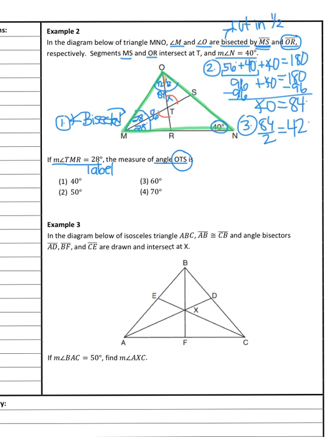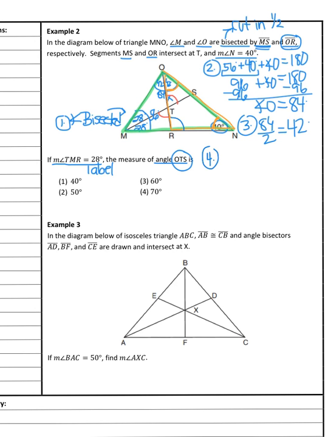If I identify this triangle right here, O to R to N, back up to O, do you see how in that triangle I know that this angle at the top is 42, and this one down here is 40? So what I can do now is step 4, I can find this angle down here.